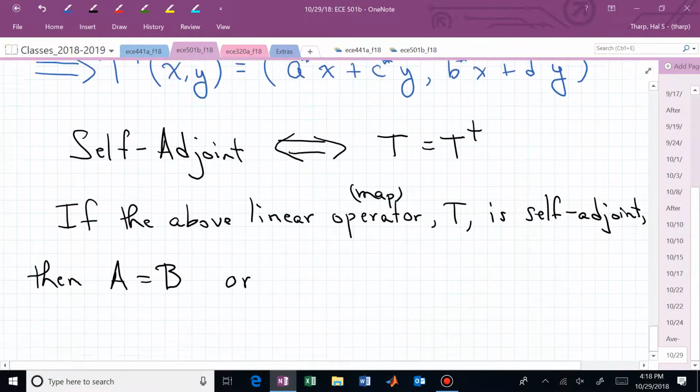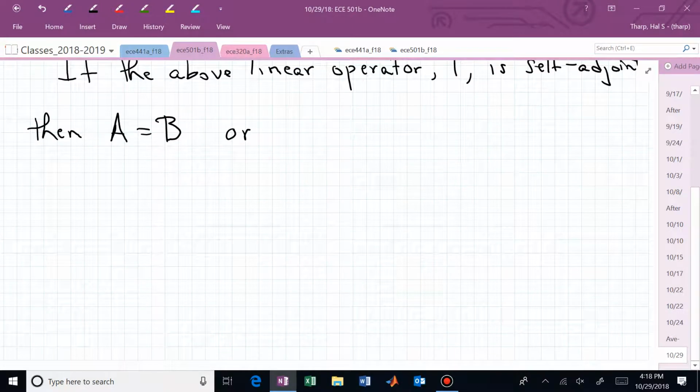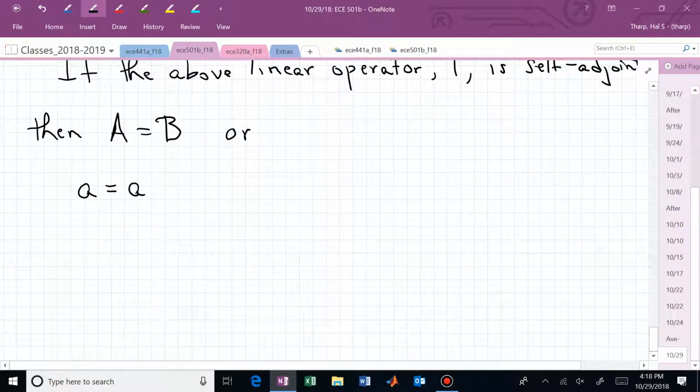So let's write that down. Based on A equal B, if I'm wanting a self-adjoint map or operator, I have concluded that A is equal to A conjugate and D is equal to D conjugate.